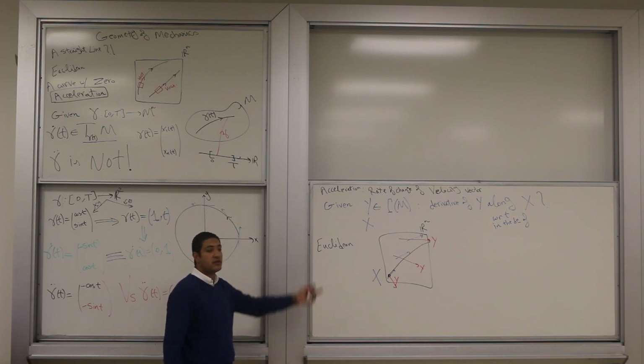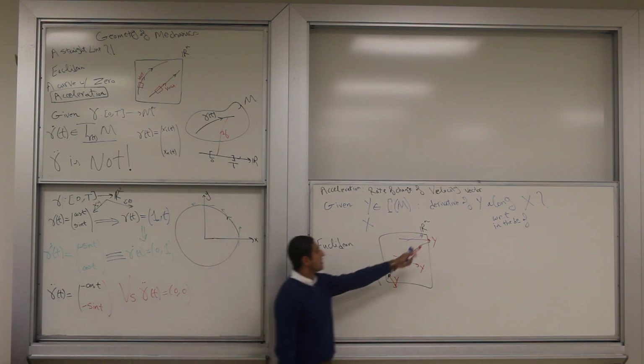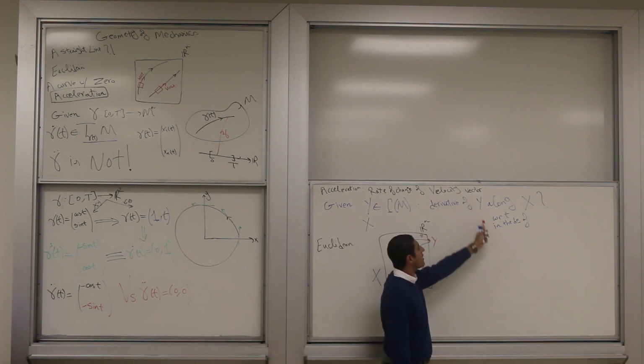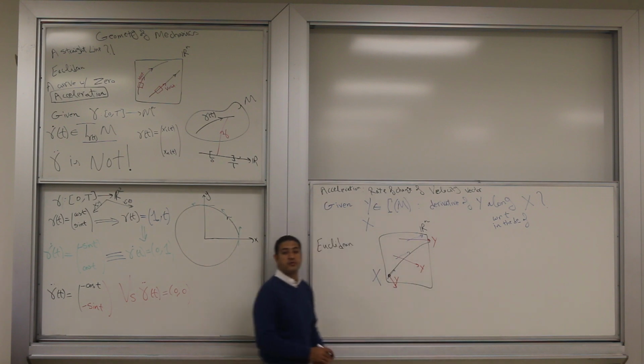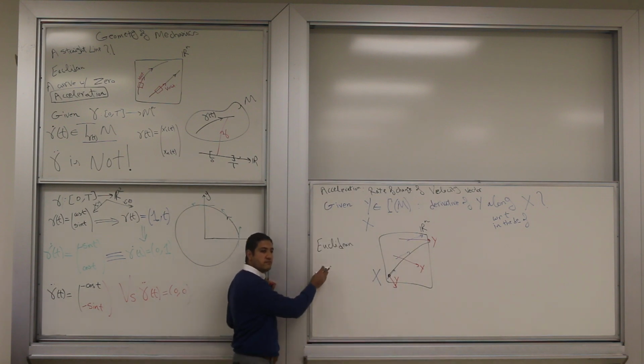And we have a very straightforward formula for that in Euclidean space. How do you compute the derivative of y in the direction of x? Directional derivative. Yes, it's very close to the directional derivative, except the directional derivative is the derivative of a function in the direction of a vector.